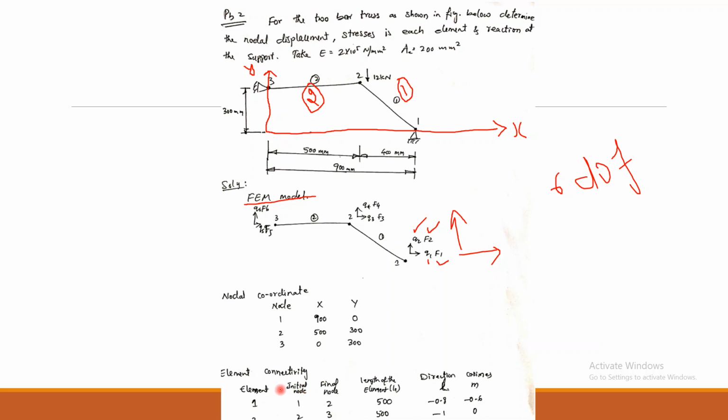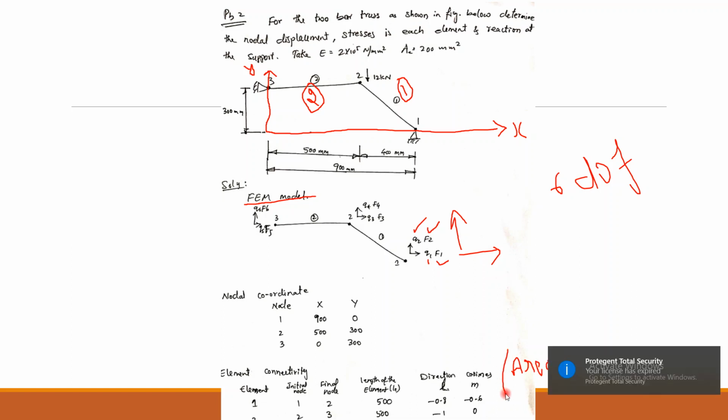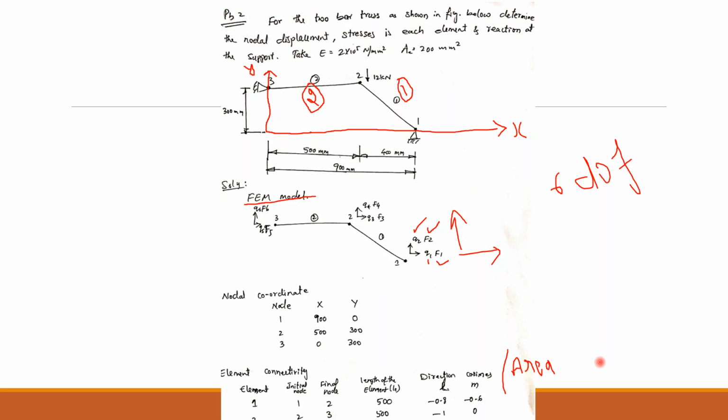In that table we have many columns to define: element, initial node, final node, length of the element, direction cosines L and M, and in addition to that you can define area in mm square as one more column.